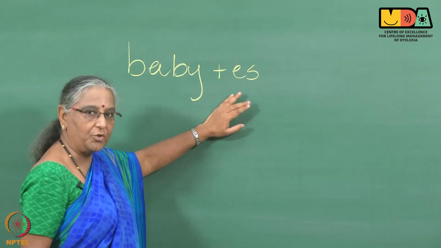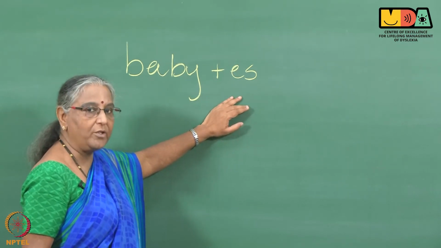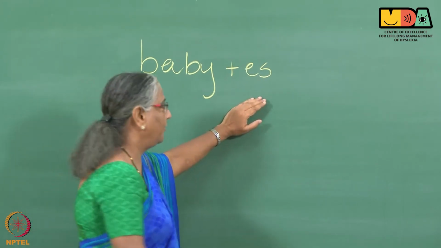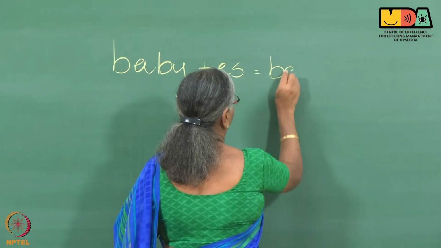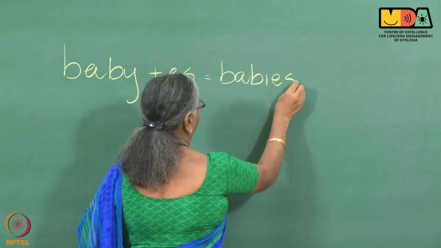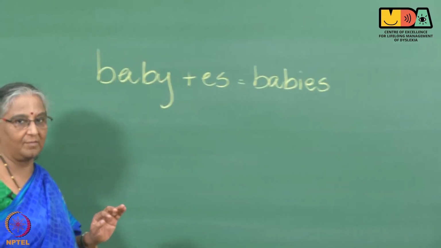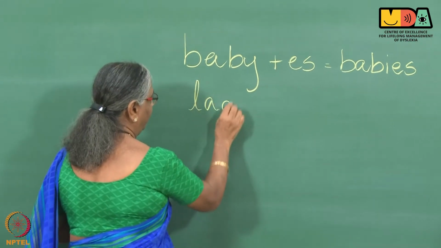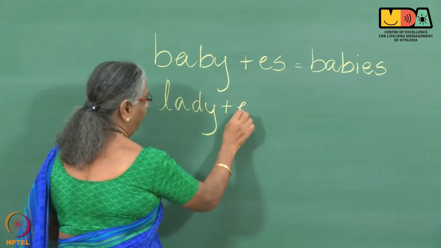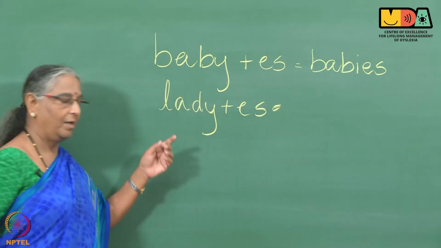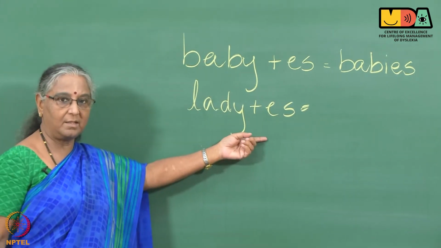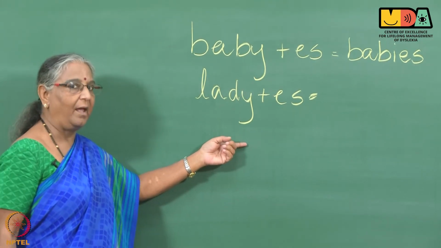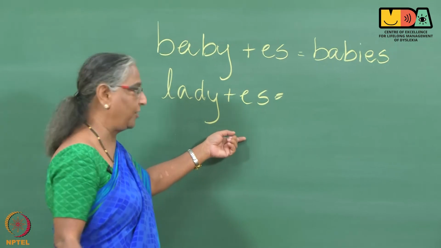In order to write the word, I am going to change the Y into I and write the word. Babies. Let us have another example. Lady plus es, I will change the Y into I and write the word with the vowel suffix.